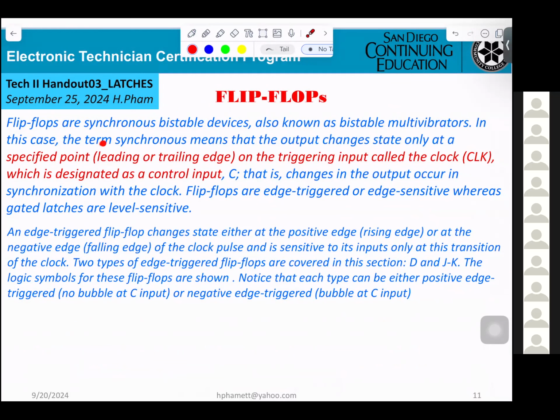In this case, the term synchronous means that the output can change state only at a specified point, the leading or trailing edge, on the triggering input called the clock, which is designated as a control input.